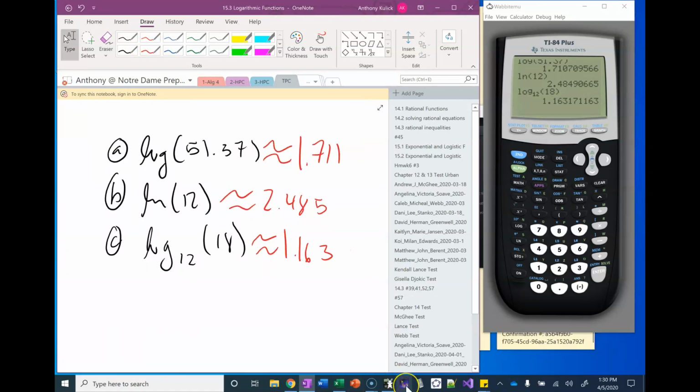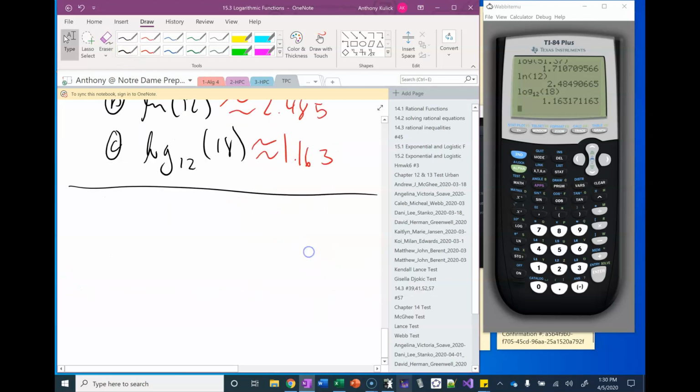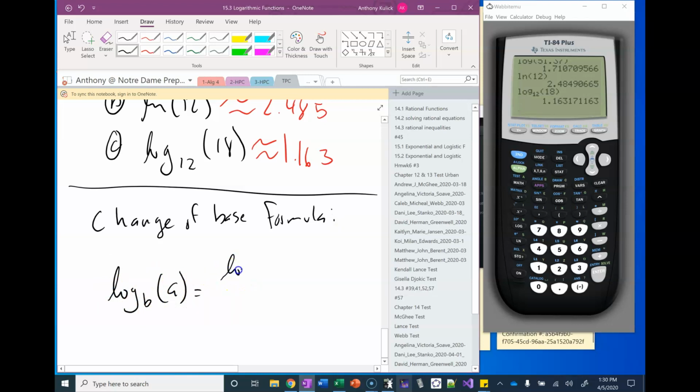If some of you have an older calculator that may not be able to handle that, then we need a different tool here. This is called the change of base formula. What this says is that log base b of a is equal to log of a over log of b.